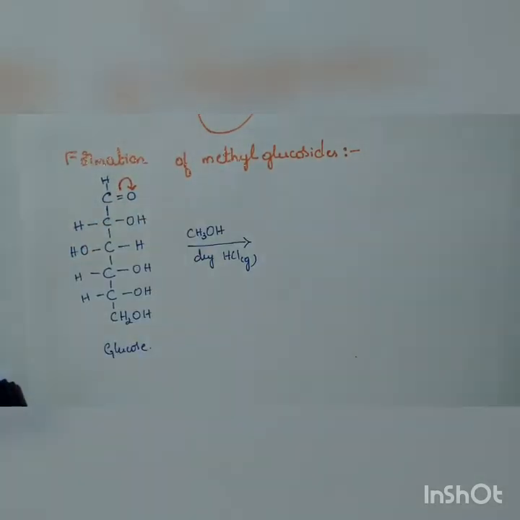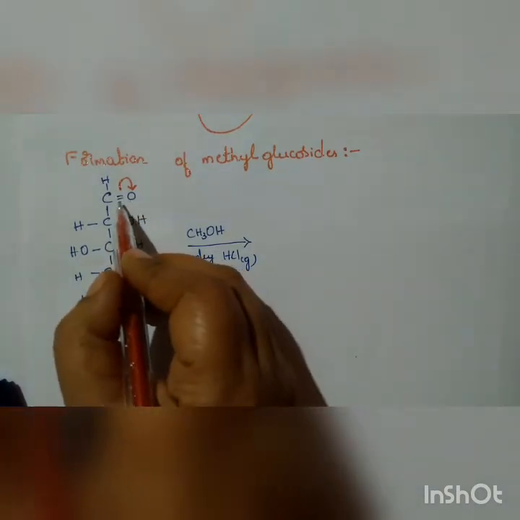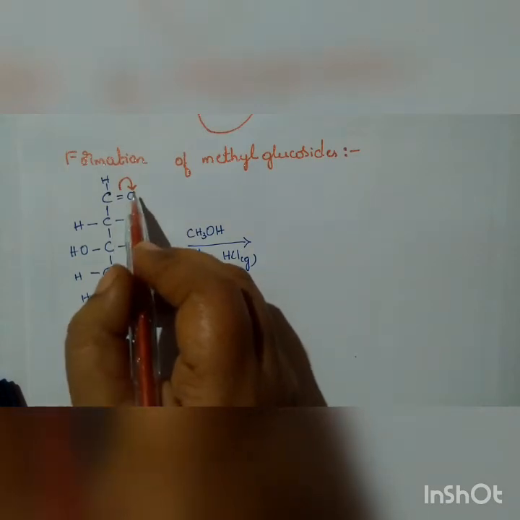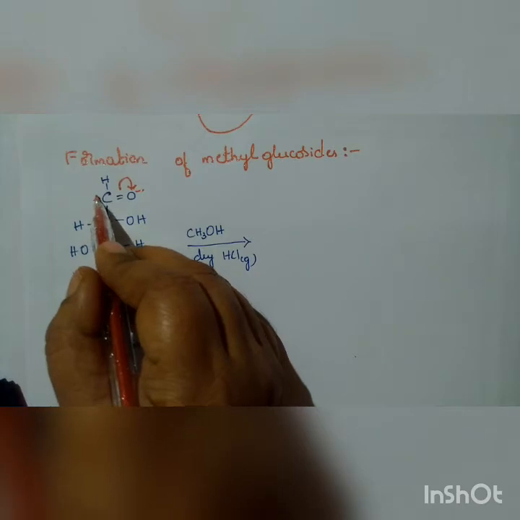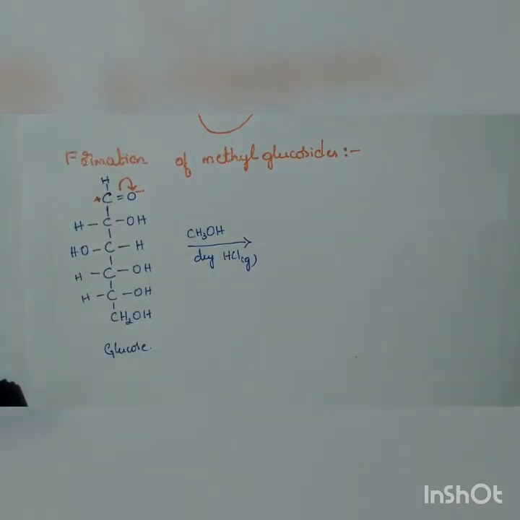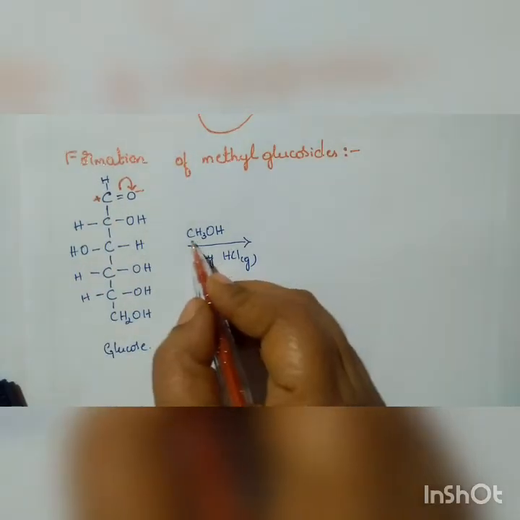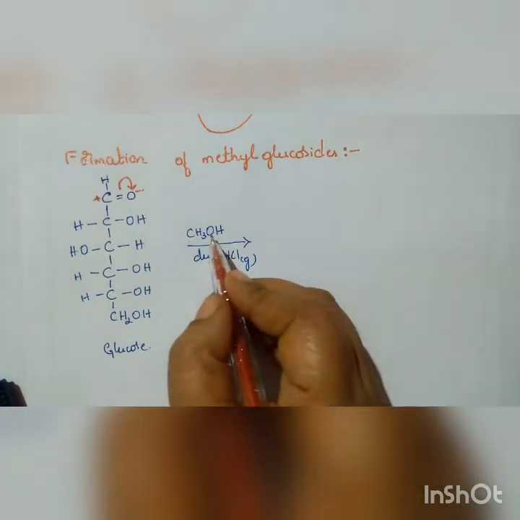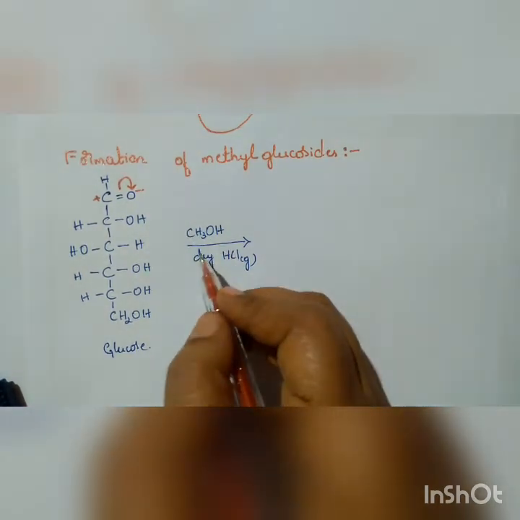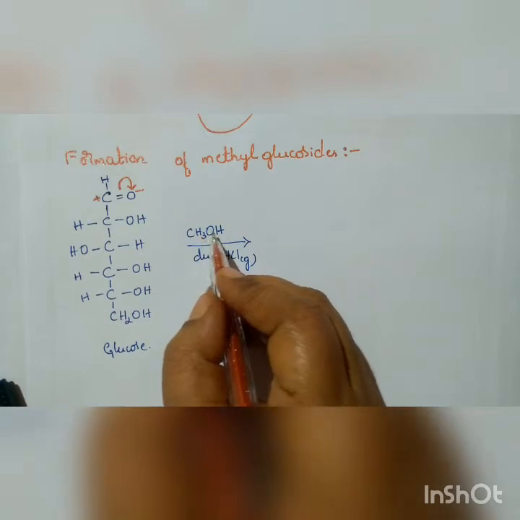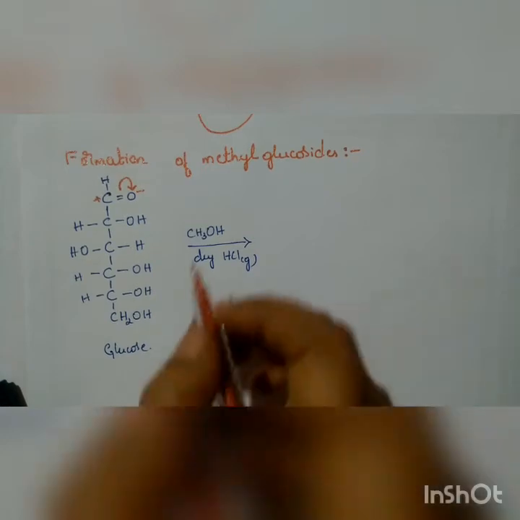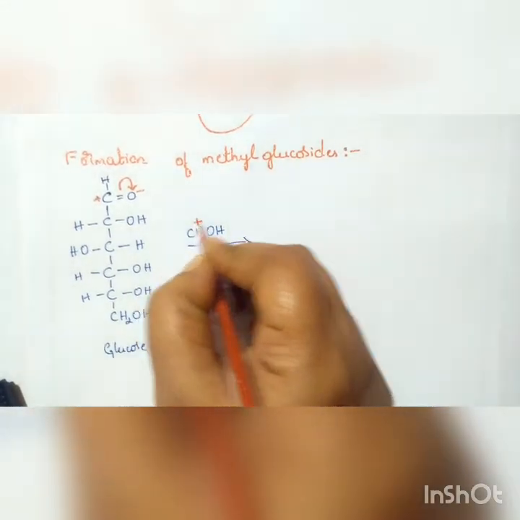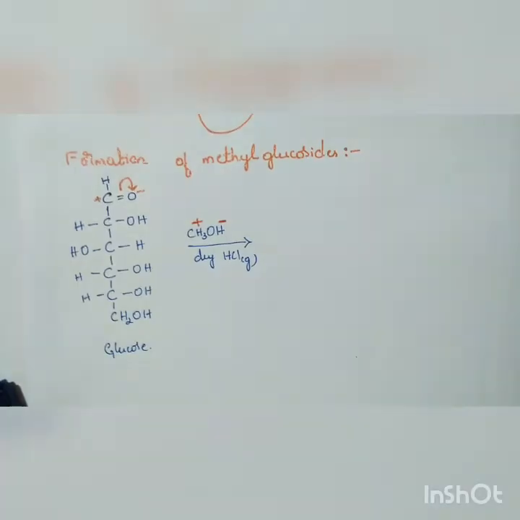It is going to attract the bonded pair towards its side, which makes oxygen negatively charged and carbon positively charged. So here it is going to dissociate as CH3 plus and OH minus.